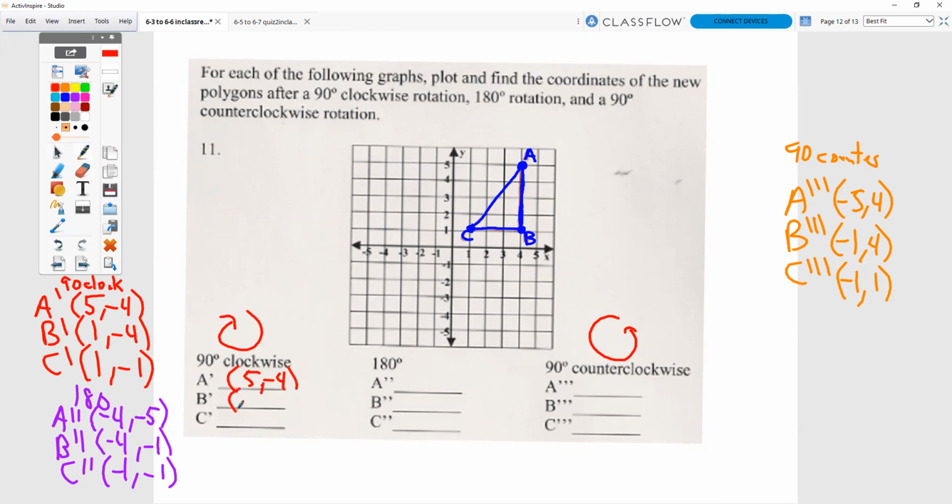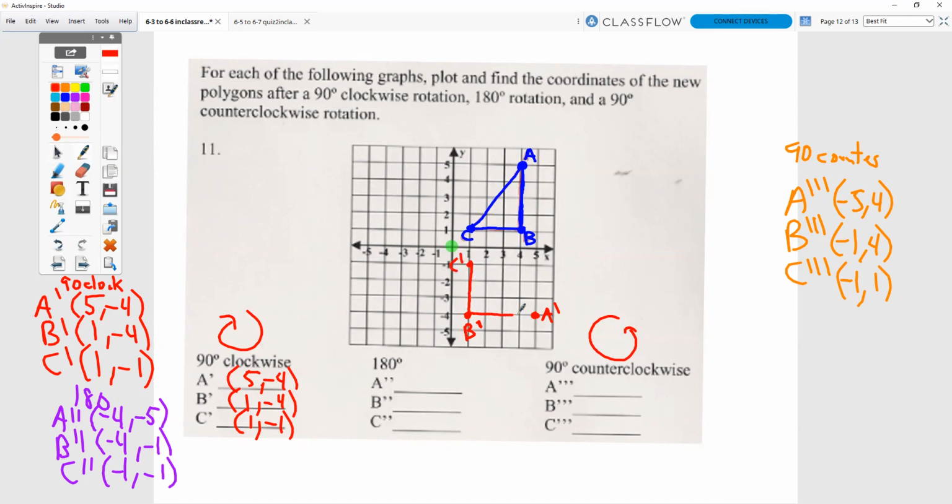It is 1, -4, and it's 1, -1. So when we go to graph these, remember we always start counting from right there in the middle. So 5, -4, over to 5 down to -4, that is A prime. 1, -4, over to 1 down to -4, that's B prime. And 1, -1, that is C prime.